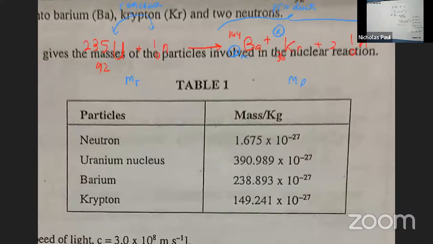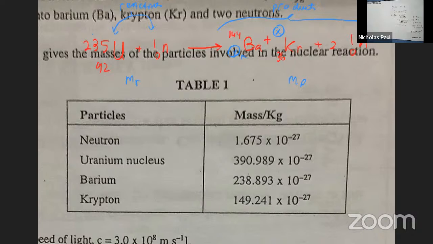What did you all notice about the mass here? Look at the mass values, right? Sahara, look at the mass values and tell me what you notice. The mass values are in what? Very good, kilograms, right?